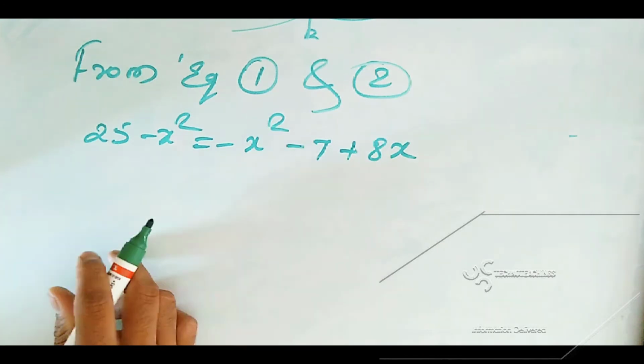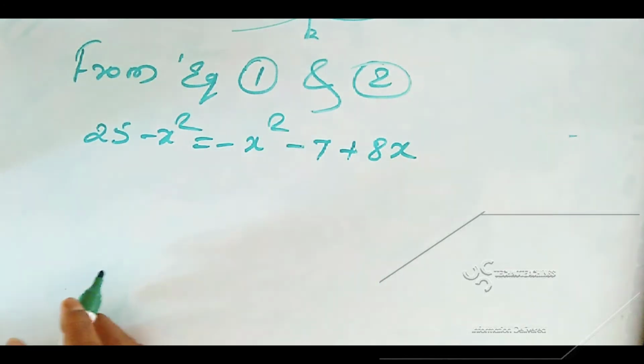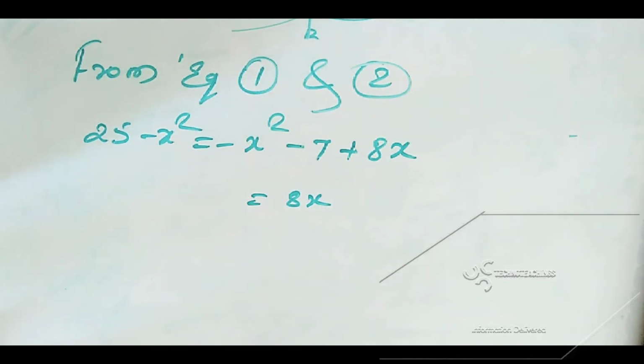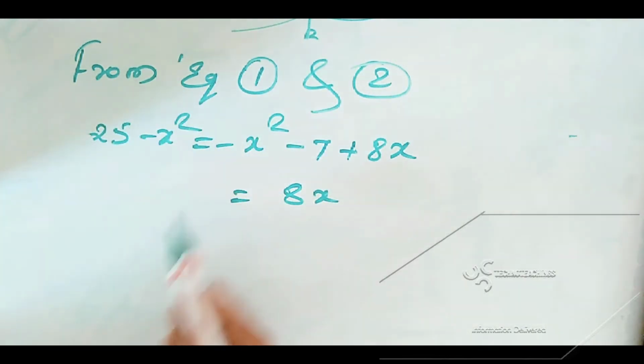I want the term x, so I'll keep 8x and shift the other terms to the left hand side.